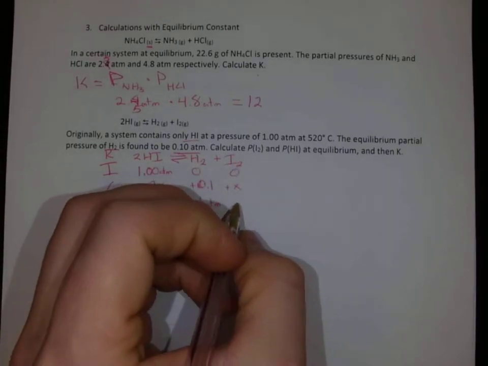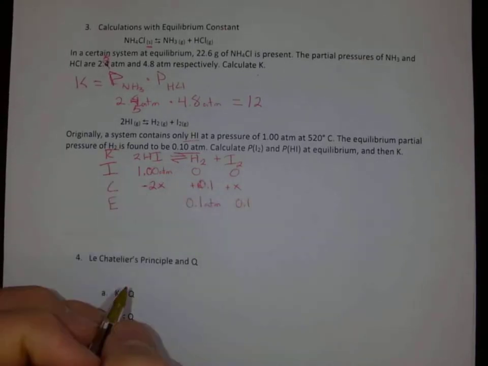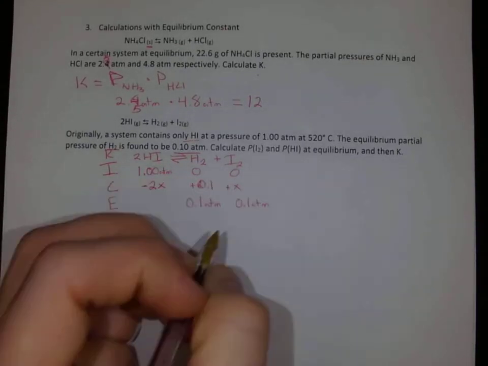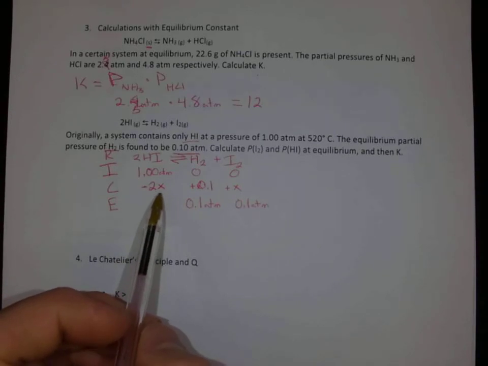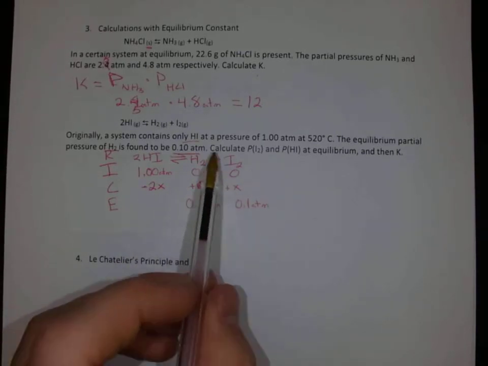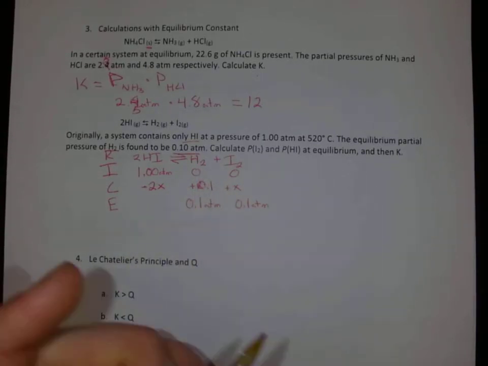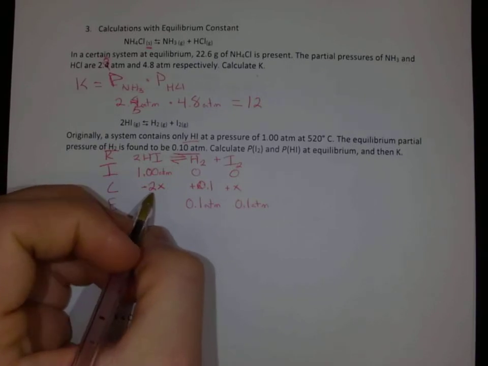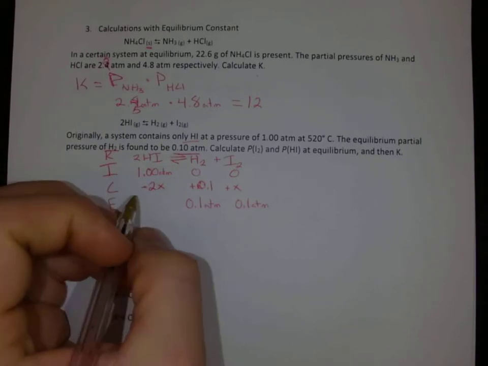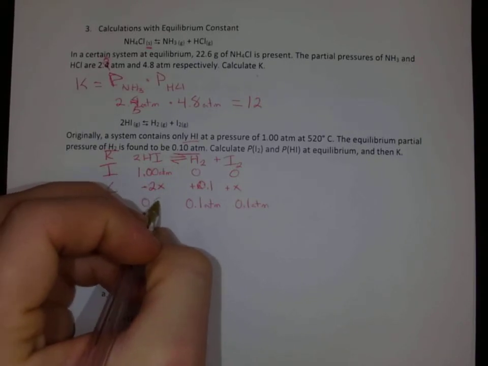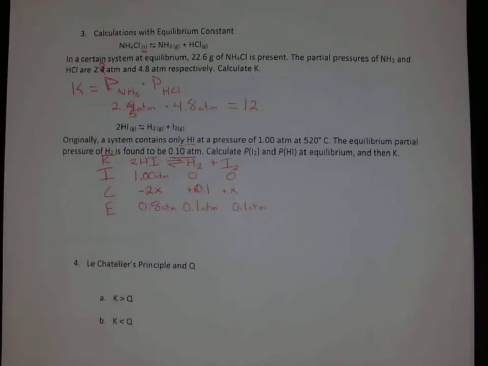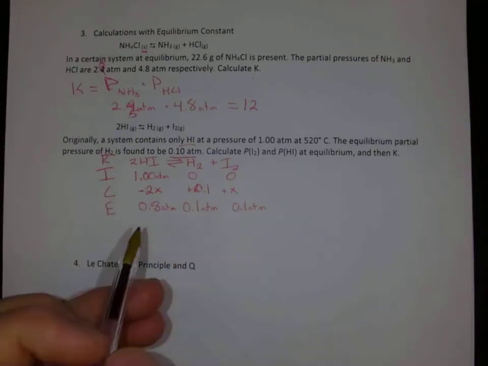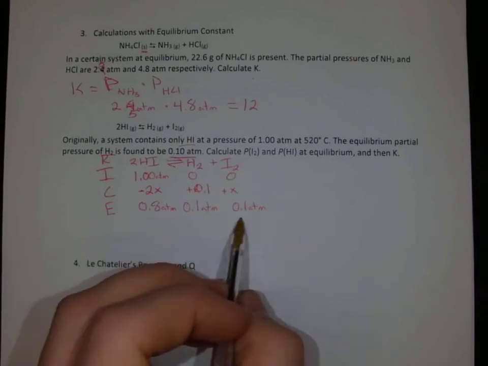So our partial pressure for I2 is going to be 0.1 atmospheres. And then the partial pressure for HI, it lost twice as much as it gained of the H2 and of the I2. So it lost 2 times 0.1, which would leave 0.8 atmospheres. Okay, so now we have our equilibrium pressures.